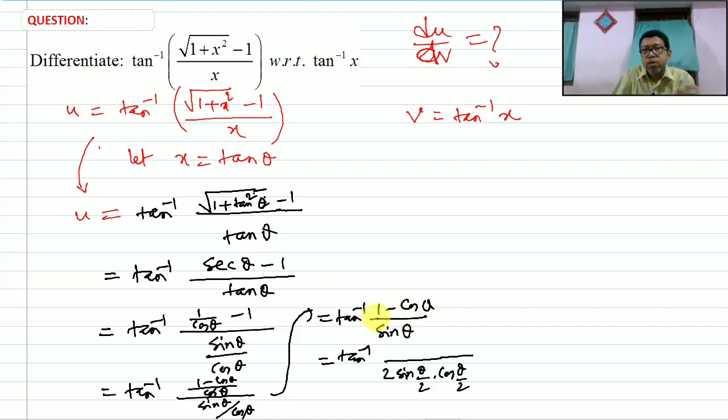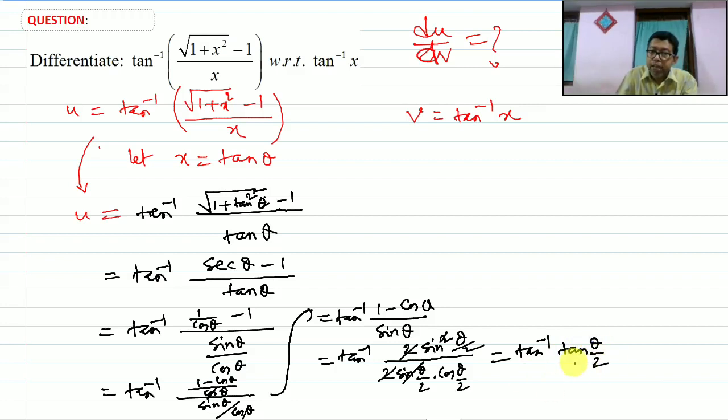In terms of half angle, cos theta is 2 cos square theta by 2 minus 1, or 1 minus 2 sin square theta by 2. So 1 minus cos theta is 2 sin square theta by 2. Cancelling the 2 and one sin theta by 2, we get tan inverse of sin theta by 2 divided by cos theta by 2, which means tan theta by 2.